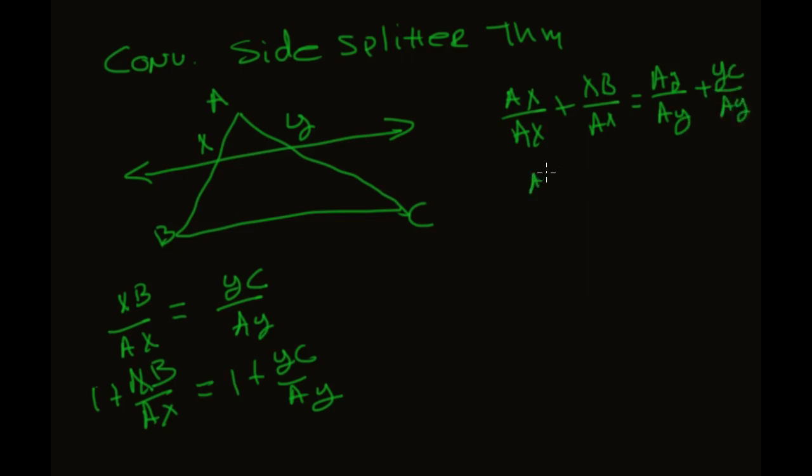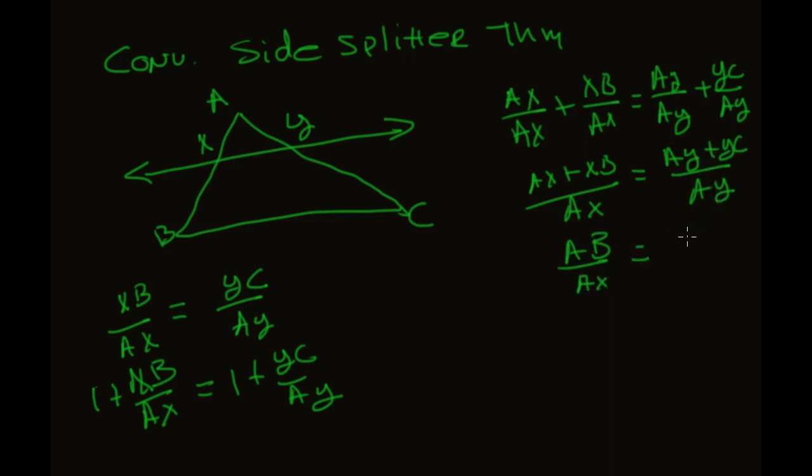Combine the fractions, I get AX plus XB over AX is equal to AY plus YC over AY.